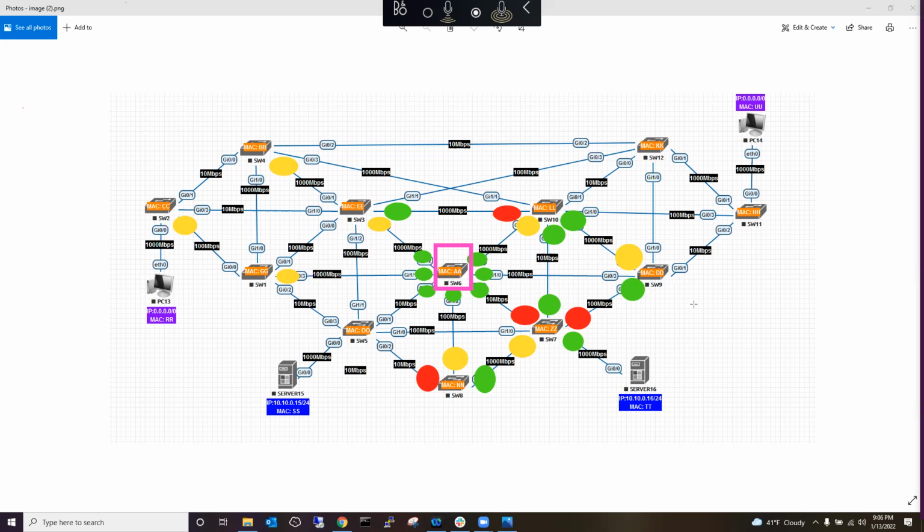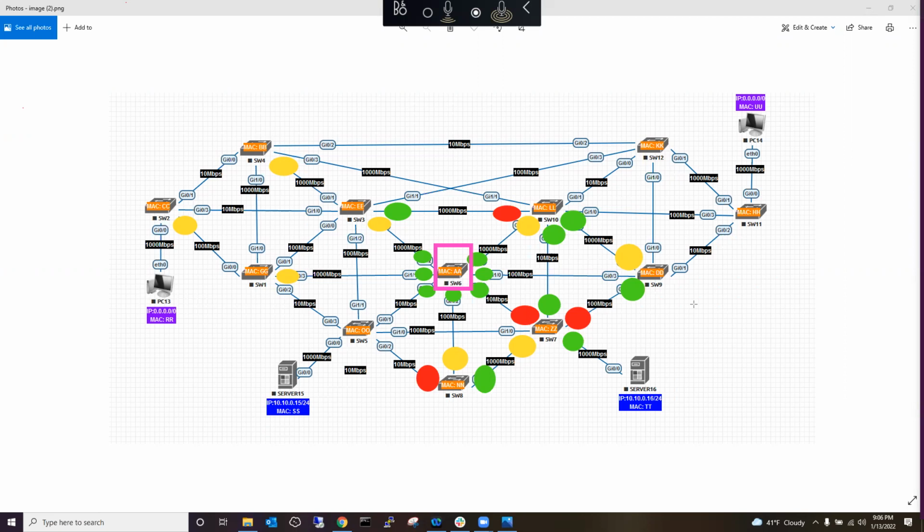I think switch 9 has the best cost to the root. After calculating, it would be 8 to get to the root, going through switch 10 and then to switch 6. Switch 7 goes through switch 8 before it gets to switch 6.